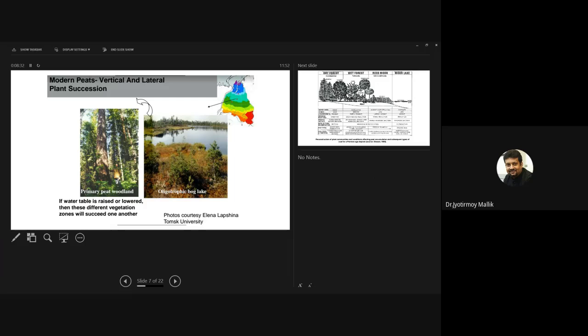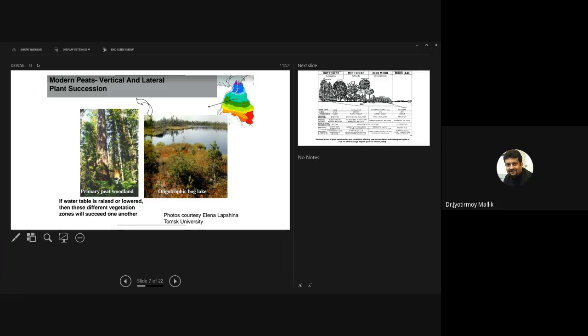They're small, they're shrubby. This is called an oligotrophic bog lake. And these are tall trees in the wetland. Both of them will essentially create some sort of coal, and we will look at how.